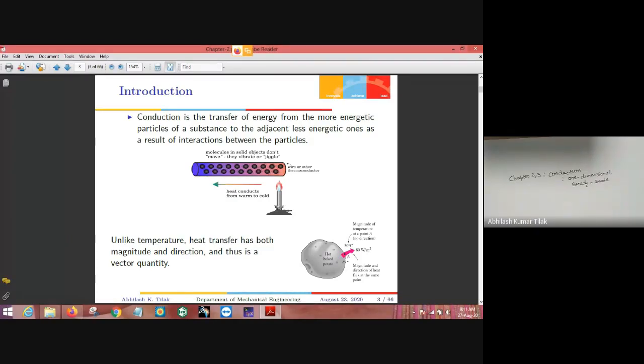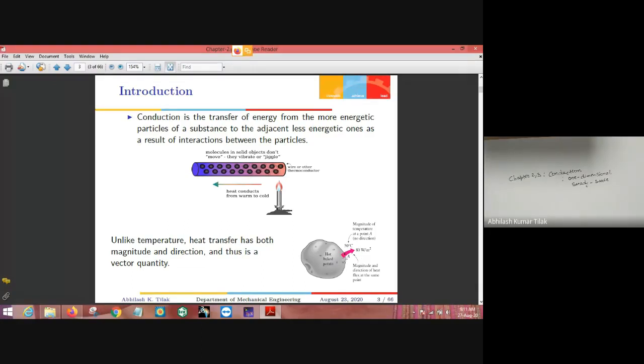Although heat transfer and temperature are closely related, they are of different nature. Unlike temperature, heat transfer has a direction as well as magnitude.